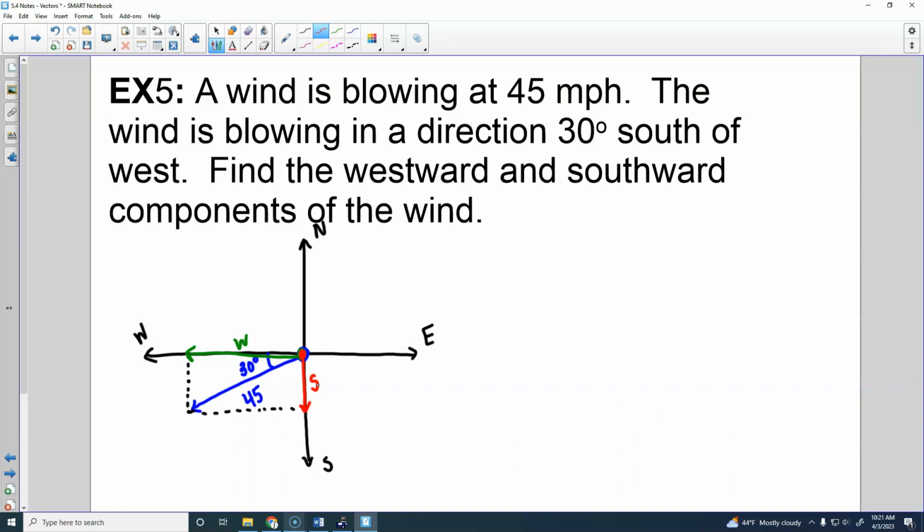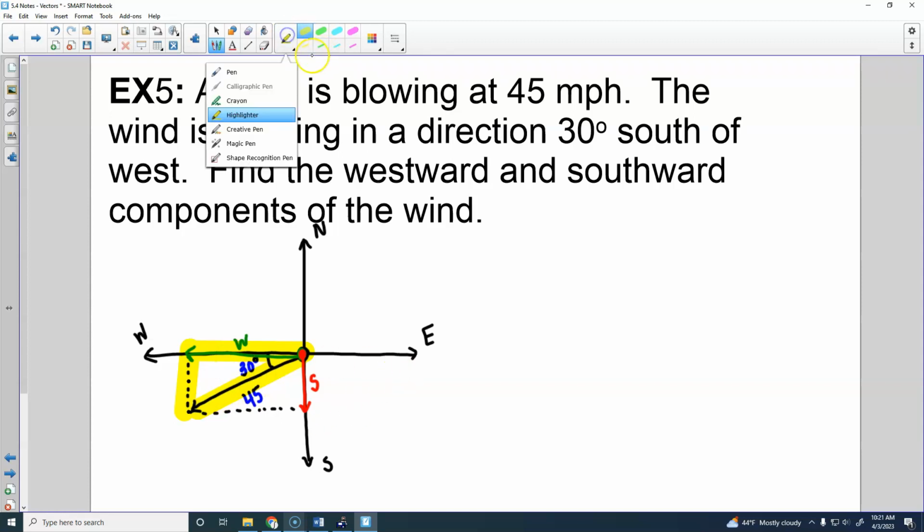So what we're going to do for this is we're going to look at a triangle. I would probably pick this triangle here, because we know the angle that's in that triangle. And we're going to be able to find the two sides of that triangle, okay? Because I know that the hypotenuse here is 45.